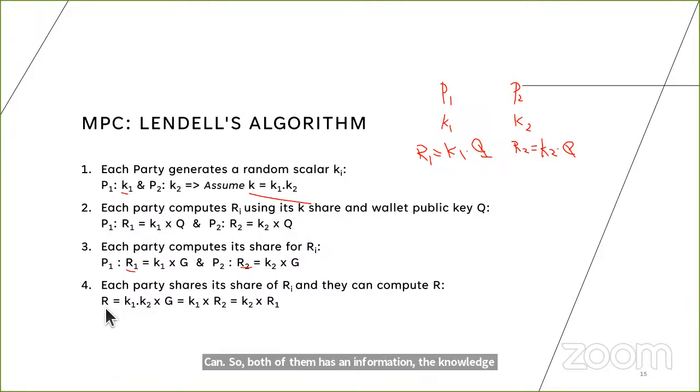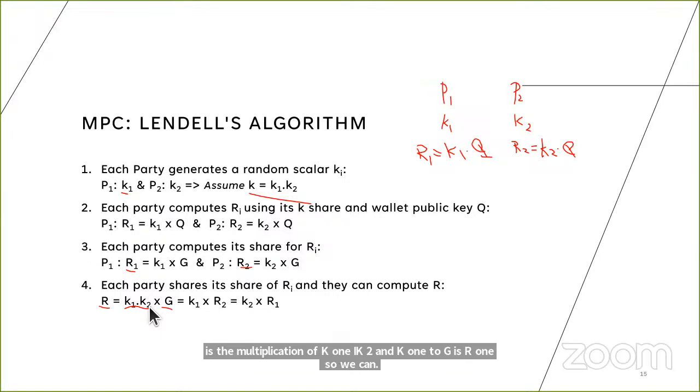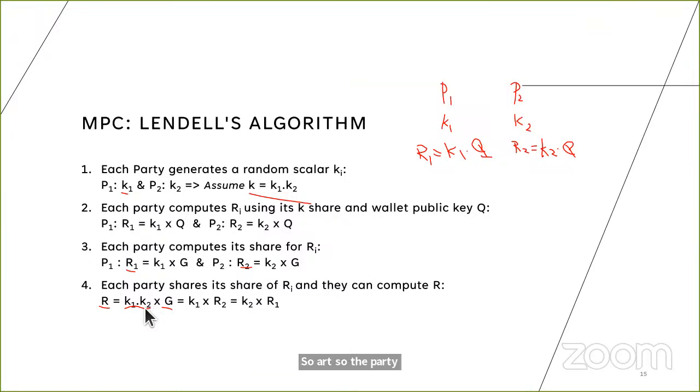And then we know that the final R is K times G, and K is the multiplication of K1 and K2. And K1 times G is R1, so party 2 can compute R from K2 and R1, and party 1 can compute R from K1 and R2.